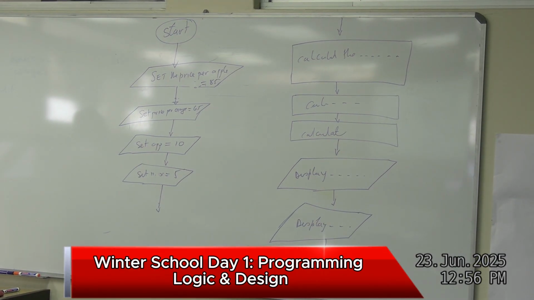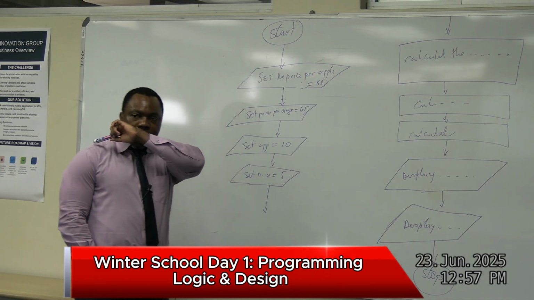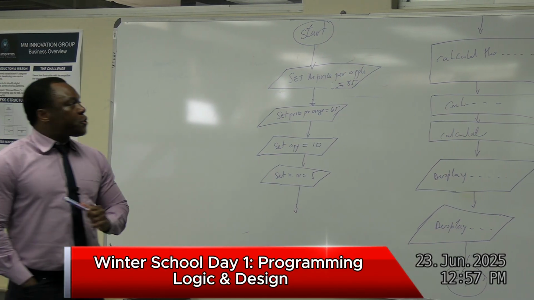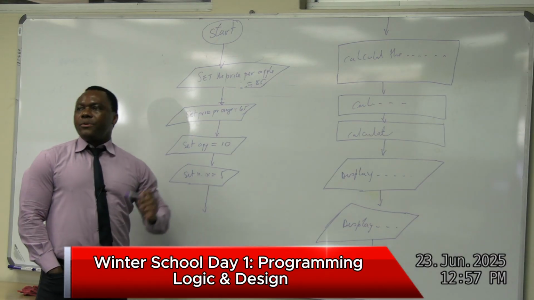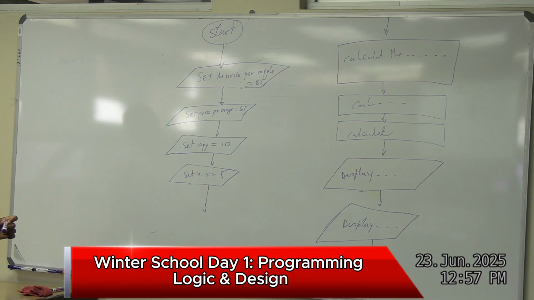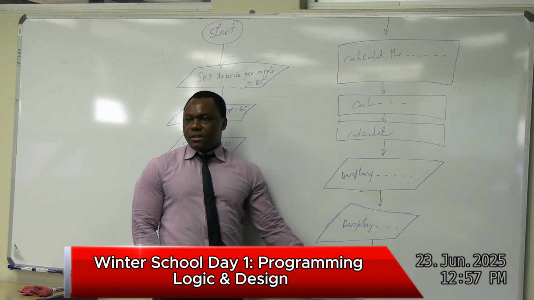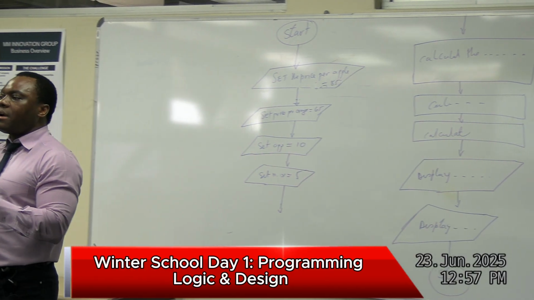This is your algorithm step by step, which is given. With this algorithm, I start with the keyword start, and I end up with the keyword stop. I've specified step by step all my inputs, all my processing, and all my outputs. At the end of it, I stop my algorithm. This algorithm will lead you to programming code.